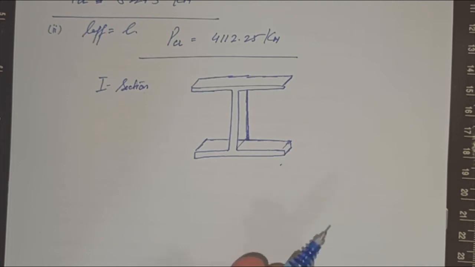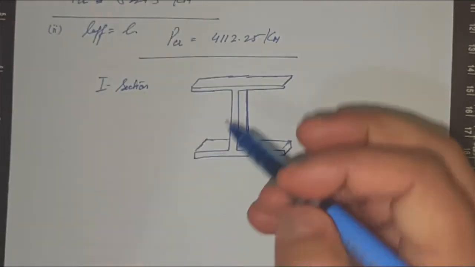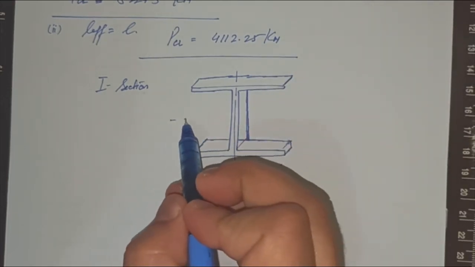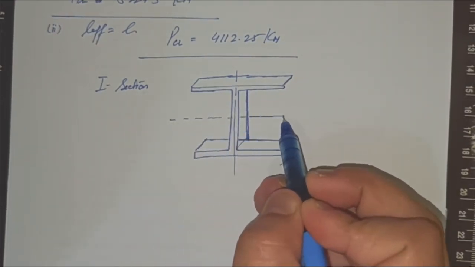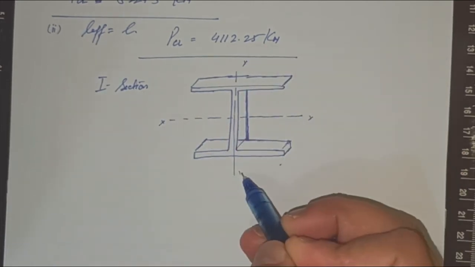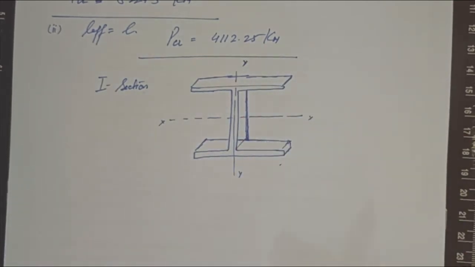The moment of inertia will be along the x-axis and along the y-axis. You have to find the moment of inertia along both these axes, because you know that we need to obtain the moment of inertia along the least one.